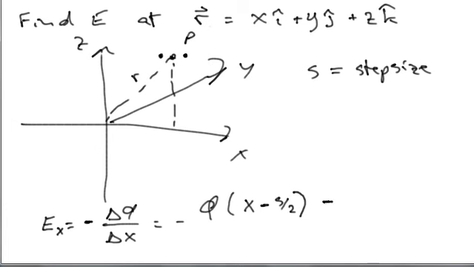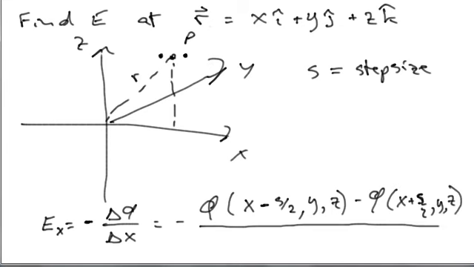And then comma y, comma z, and then minus phi at x plus s over 2, comma y, comma z. And that's going to be all divided by delta x, which is my step size, which is s.